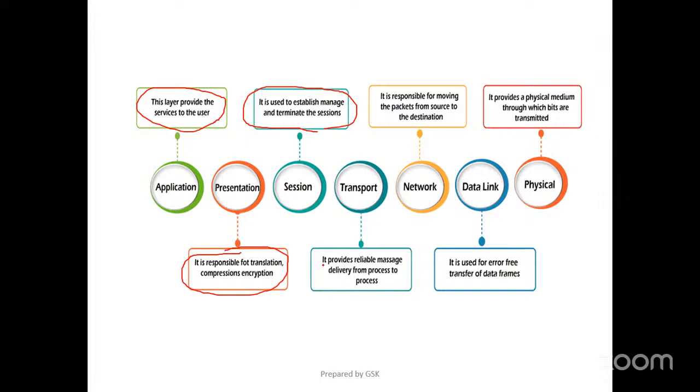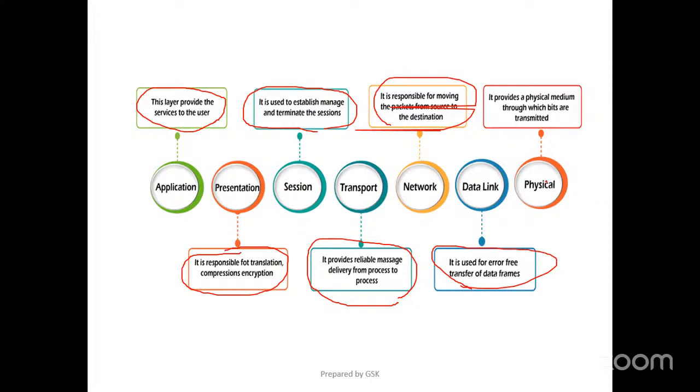Transport layer: it provides reliable message delivery from process to process, end to end. Network layer: it is responsible for moving the data packets from source to destination. Data link layer: it is used for error-free transfer of the data frames.